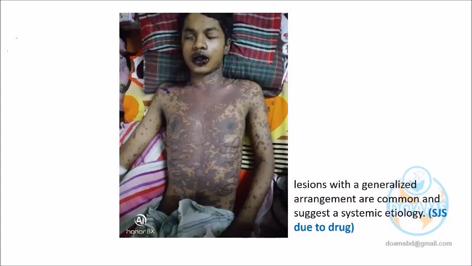In general, Stevens-Johnson is a self-recovering disease and only conservative treatment is important. So look at the appearance of Stevens-Johnson syndrome. Don't be afraid. It will be self-limiting, only fluids and prophylactic antibiotics and stoppage of the inciting agent, commonly drugs. You have to stop. It will be okay.